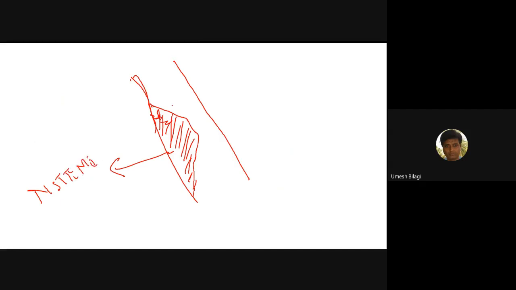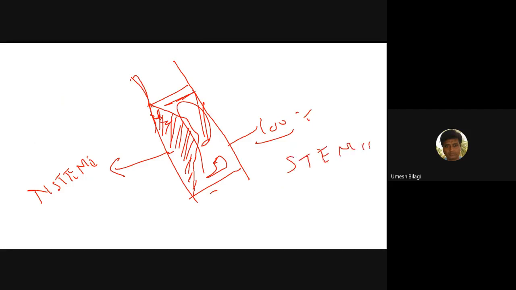If the blockage is full, 100% block, it produces STEMI. That is a major difference.